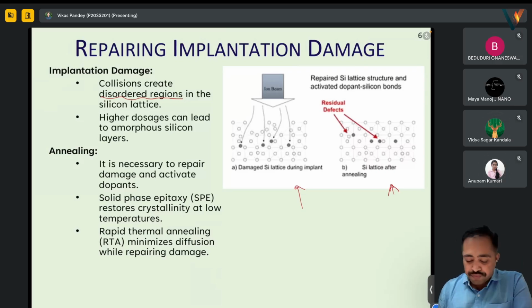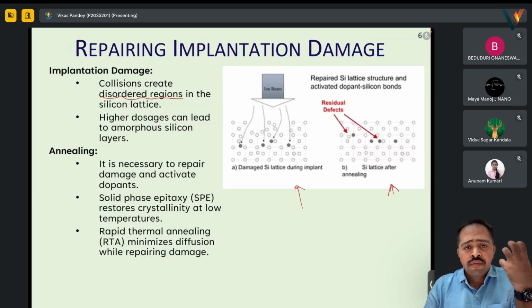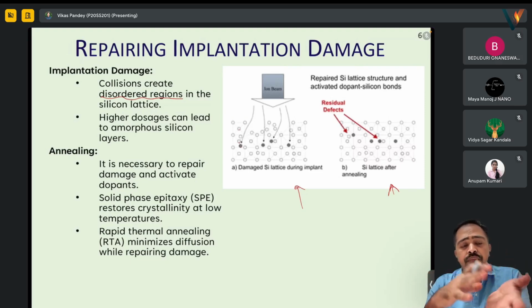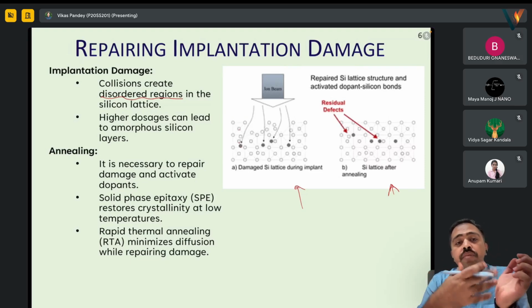So, ideally, the lattice should be perfect, but when we are doping, there will be some collision, and that will create some disoriented region. The positions will change, and the crystal itself can have some disorientation.